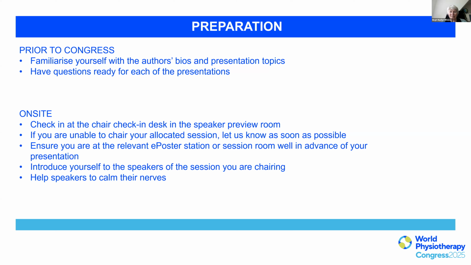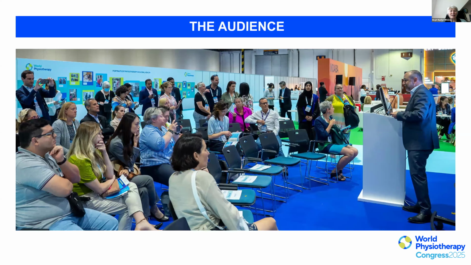So let's move on to the next slide and look at the different perspective, namely at the audience. So this is what it could look like in an ePoster setting, and it will be similar at Congress. There will be between 20 and 30 chairs. And you can see on this slide there's quite a lot of people standing.